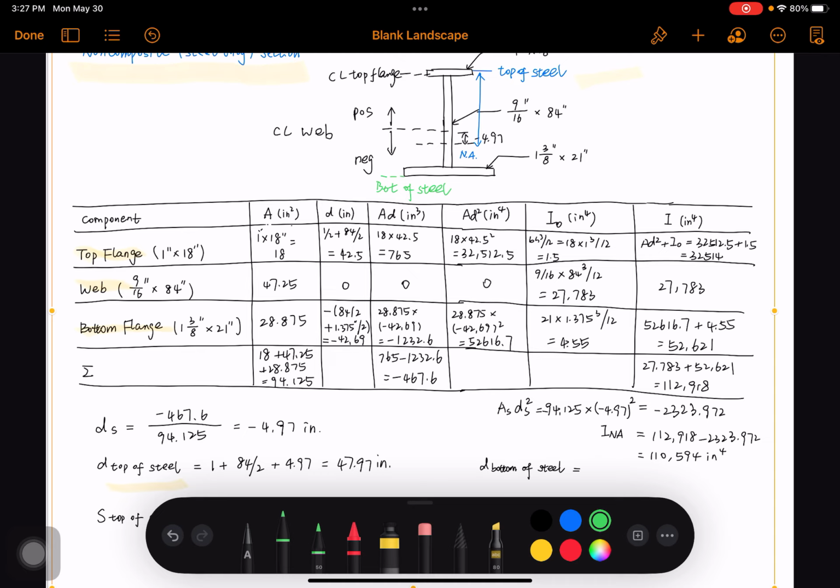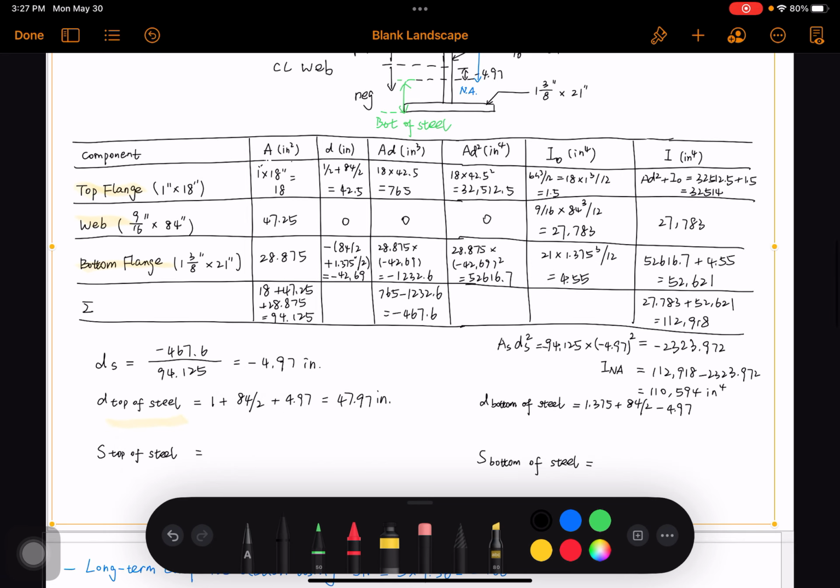So we're talking about this distance, which is calculated as 1.375, this is the bottom steel flange thickness, plus 84 divided by 2, and minus 4.97. And this gives 38.41 inch.